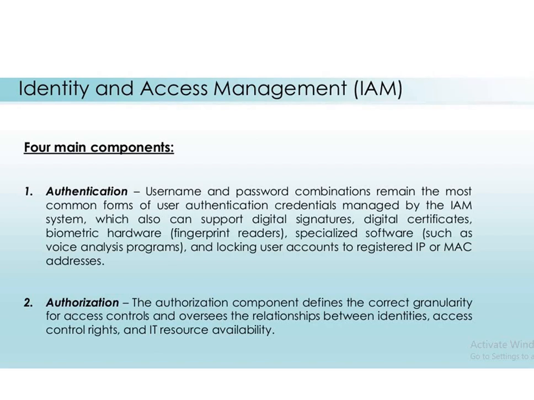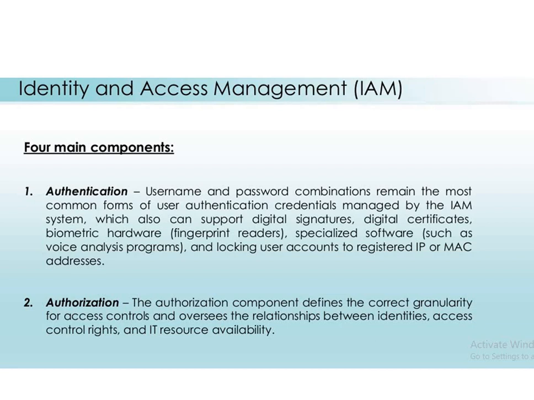The first is authentication. Here username and password combinations are generally used for authentication. Username and password combinations remain the most common forms of user authentication credentials managed by the IAM system, which can also support digital signatures, digital certificates, and biometric hardware, for example fingerprint readers, and many other biometric systems like face recognition, nowadays iris recognition, and many more.